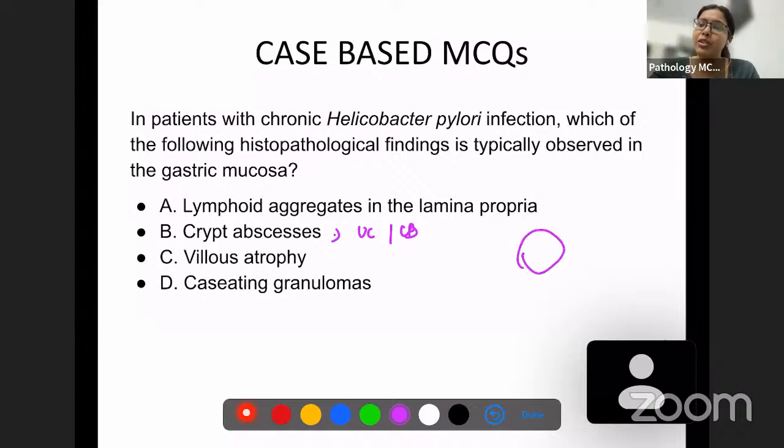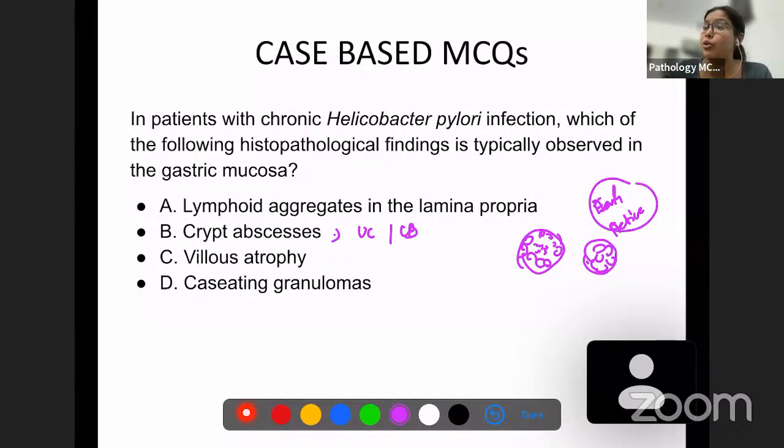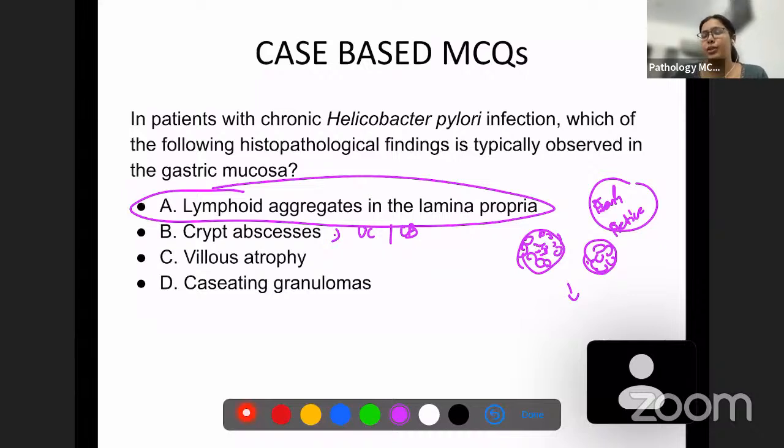Crypts are present in the intestine, and inside the crypts you will have lots of neutrophils. So that is what a crypt abscess is. Crypt abscess can be seen in ulcerative colitis and Crohn's disease when it is in the early stages or if there is an active infection. That is when you are going to see neutrophils. Otherwise you will see lymphocytes. So the answer for this question is lymphoid aggregates in the lamina propria.